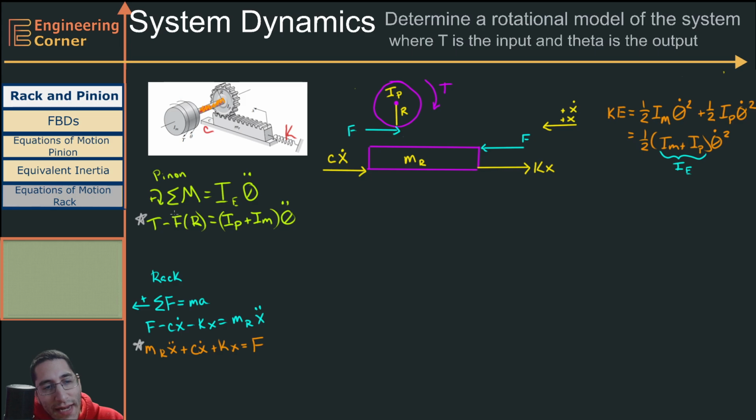What I can do is solve this equation right here for F and plug it in down here. So when I do that, I'm going to have minus F times r is equal to (I_P plus I_M) theta double dot minus T. Now I'm going to distribute this sign right here, so I get minus this term plus this term, and I'm going to divide by r. So this entire thing is going to be divided by r.